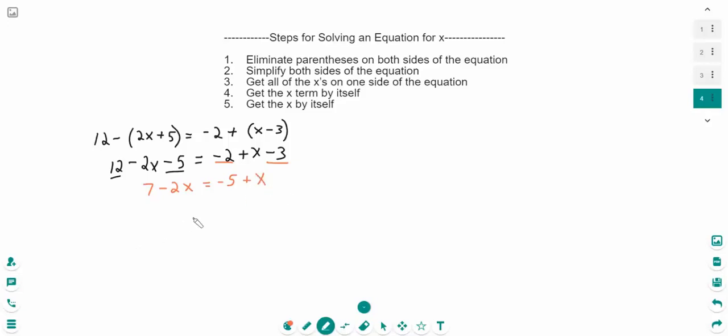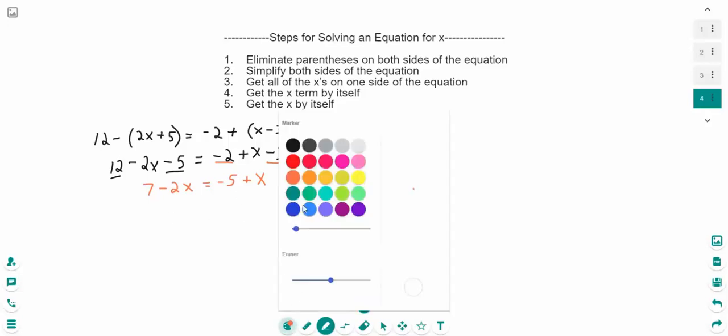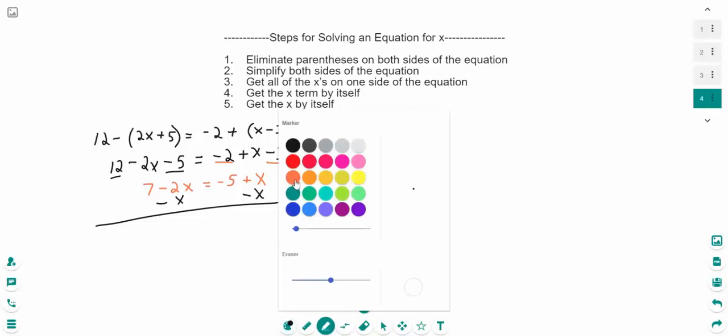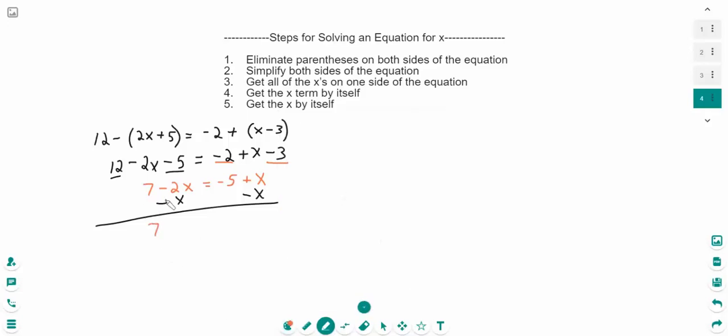Then let's get the x's all on one side. Just for the fun of it, let's make ourselves have a negative x here. So if we have a negative x over here and a negative x over here, we're going to end up on this side with a 7. And then a minus 2x and a minus 1x is going to give me a minus 3x, right? Equals, these cross out. We have our negative 5.